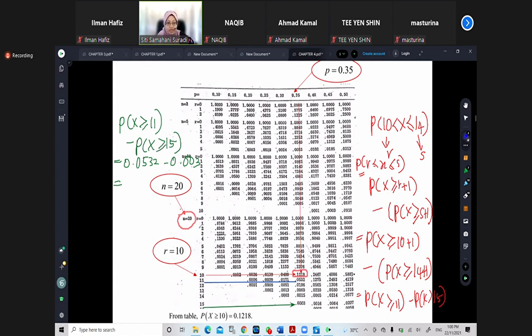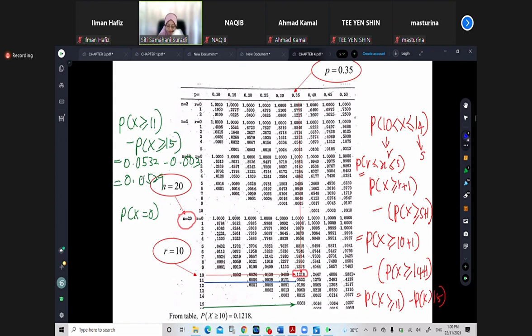Let's say when you get P(X more than or equal to 0), that means equal or more. That's the meaning. But when you get the value here, it includes 11. So that's the reason. So the answer is 0.0529.